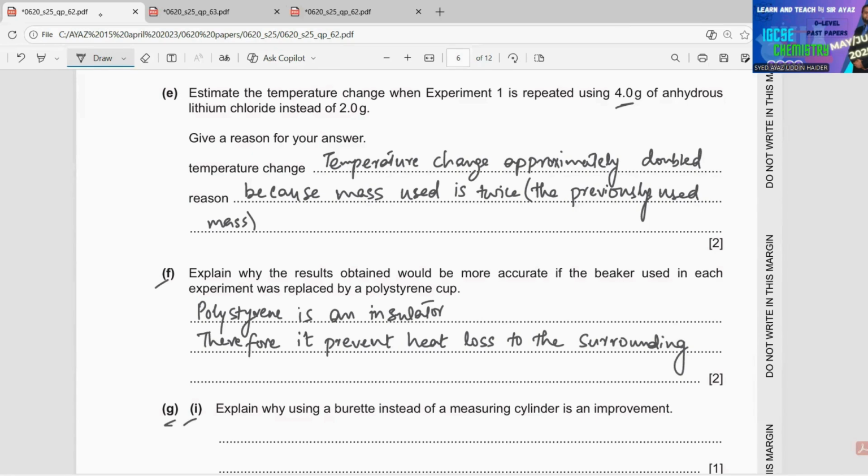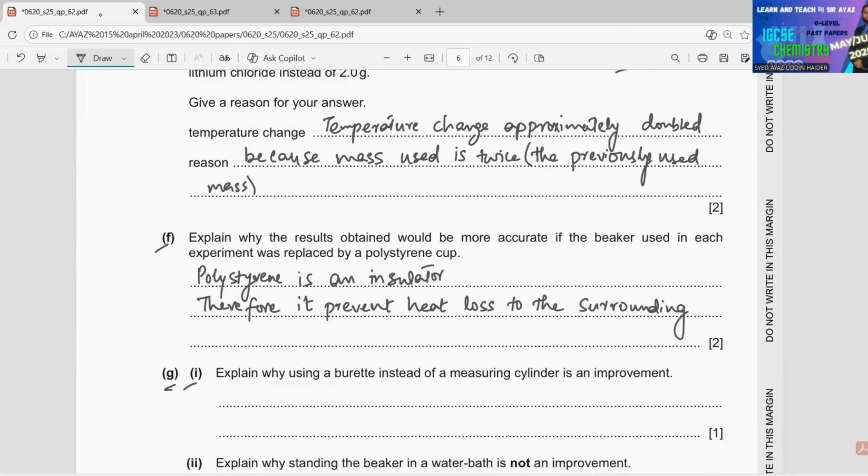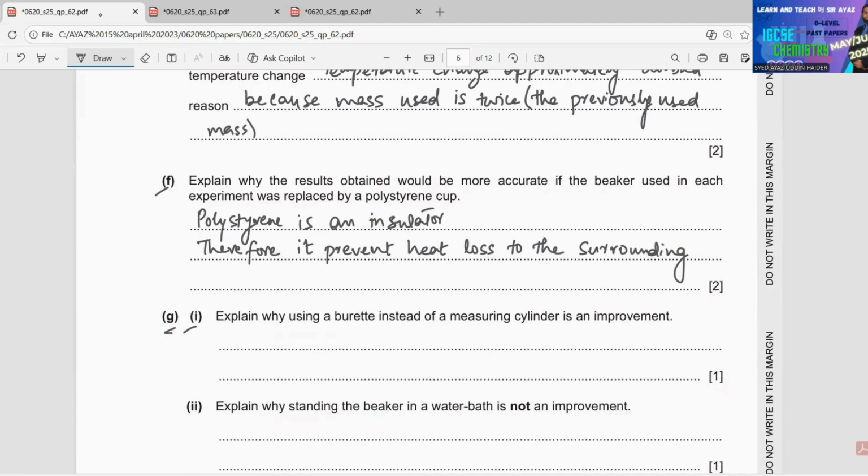G1. Explain why using a burette instead of measuring cylinder is an improvement. Burettes have higher accuracy than measuring cylinders. Therefore, it's an improvement.